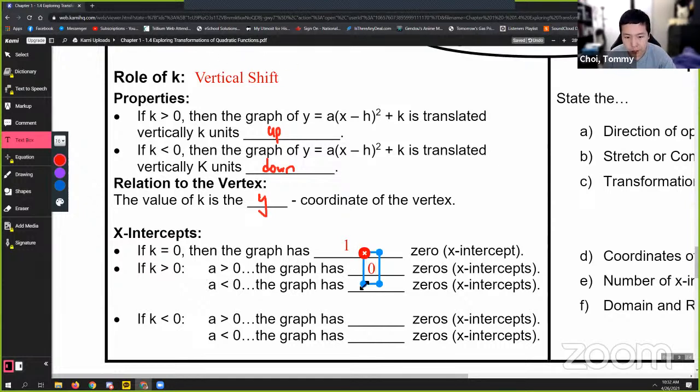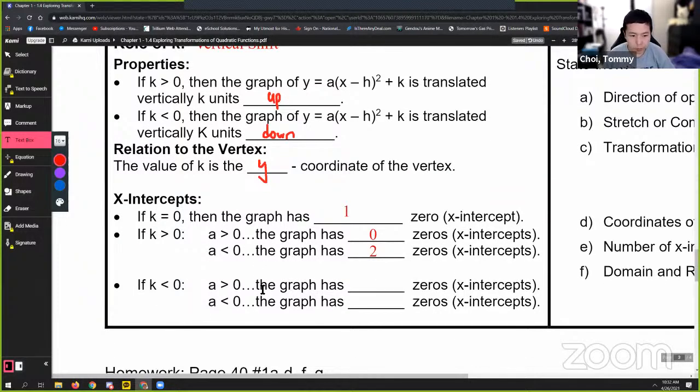But if K is positive but A is negative, then there's 2. If K is negative and A is positive, there's 2. And then the last one, there's going to be 0. Okay, so those are the rules for the x-intercepts. Keep that in mind.